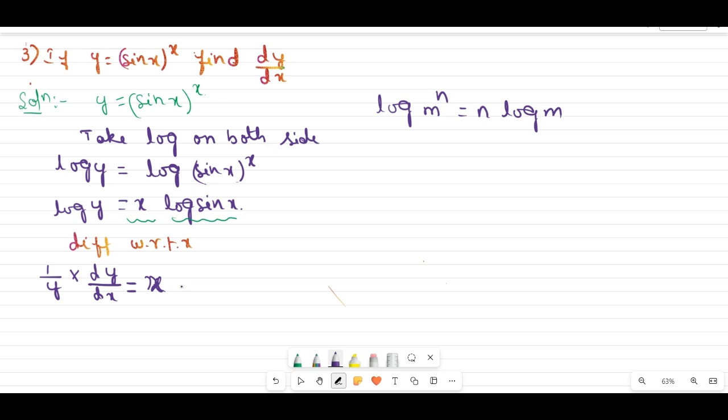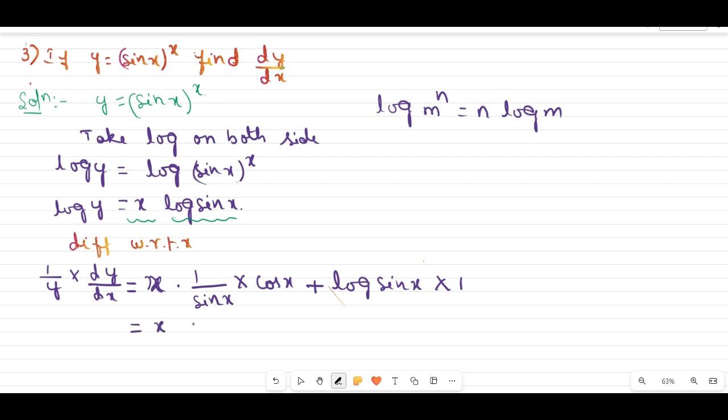First function x into derivative of log of sin x, which is 1 by sin x into derivative of sin x, that is cos x, plus log of sin x into derivative of x. Derivative of x is 1. Combining this, we can write x into cos x by sin x, which we know is cot x, plus log of sin x. Such a simple problem it is.